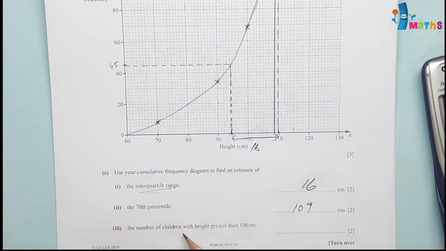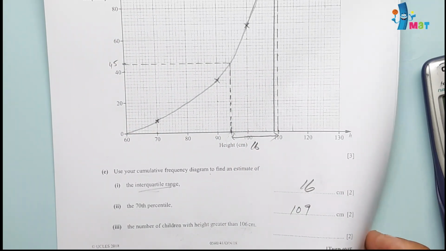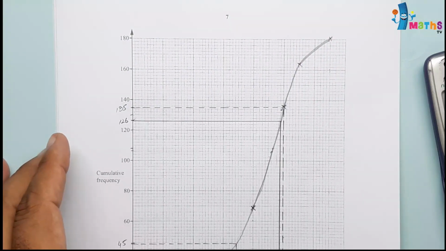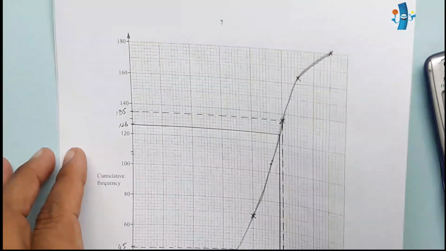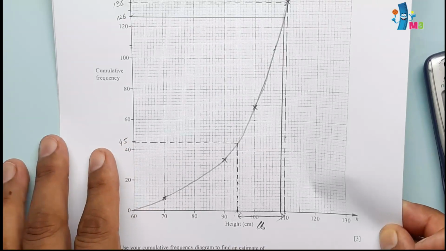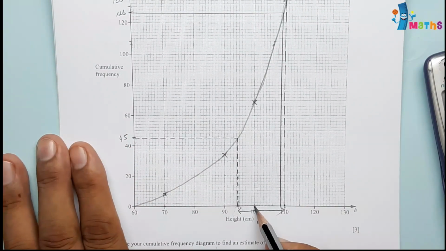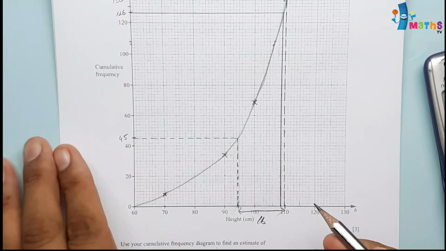E3 is the number of children with height greater than 106 centimeters. So again we have to go to the graph and check for 106 centimeter height. So for 106, if you check, 100 is this one.